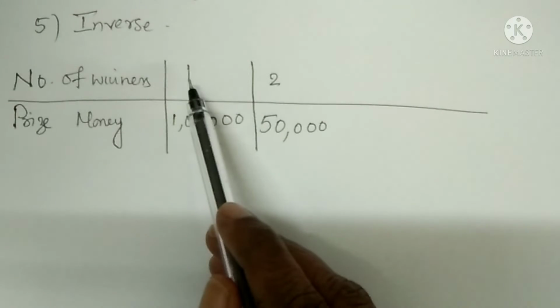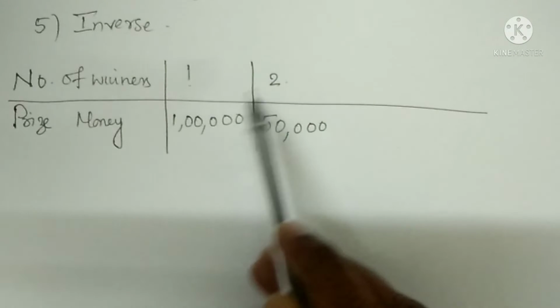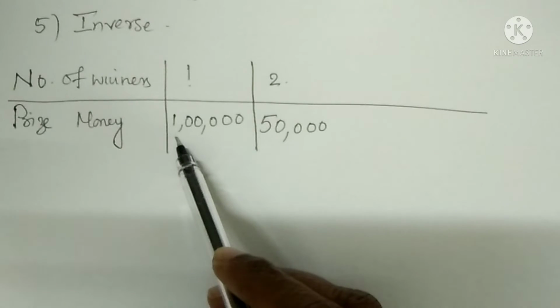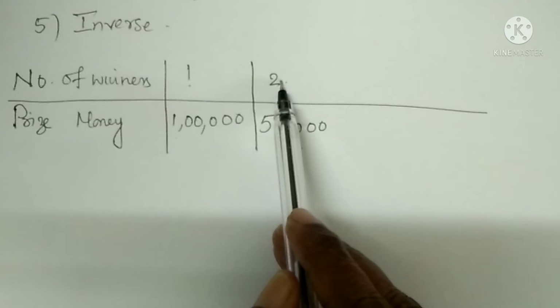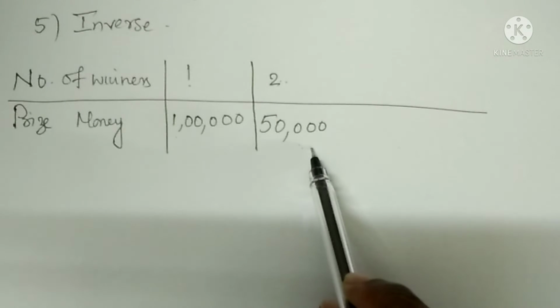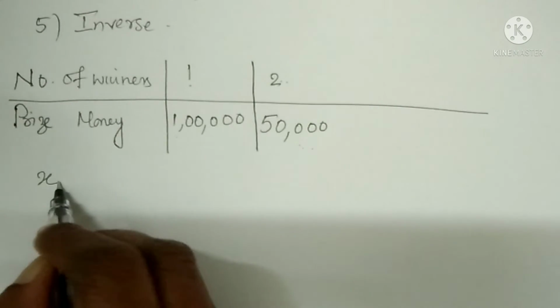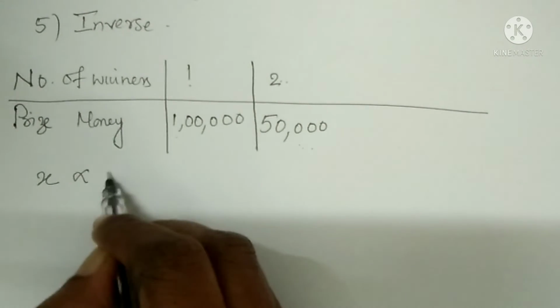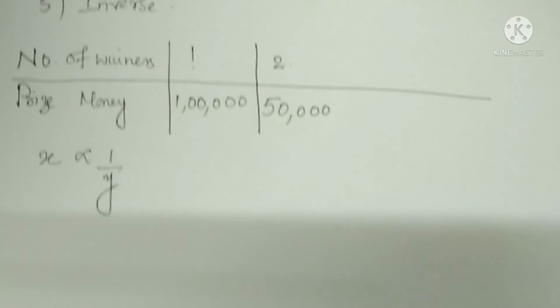When there is one person and it is increased to 2 people, the money which was 1 lakh became 50,000. So increased or decreased? Yes, it is decreased. So when the number of winners increases, the money got by each person decreases. So what type of proportion? Inverse proportion.